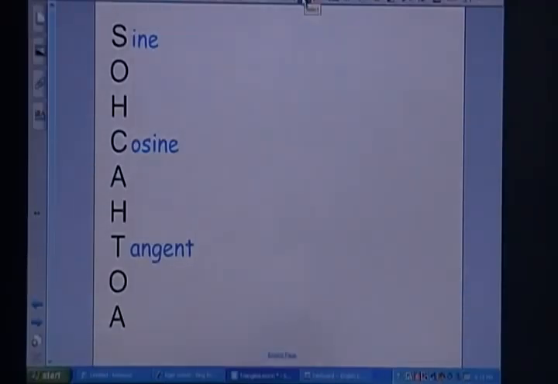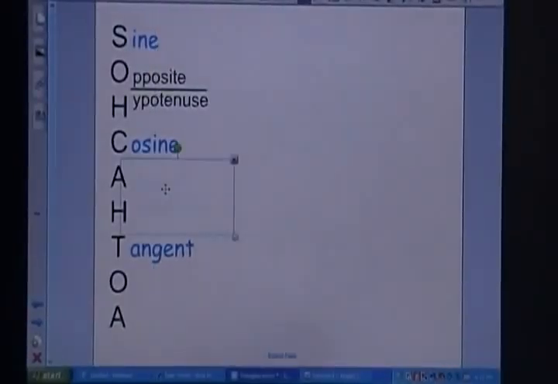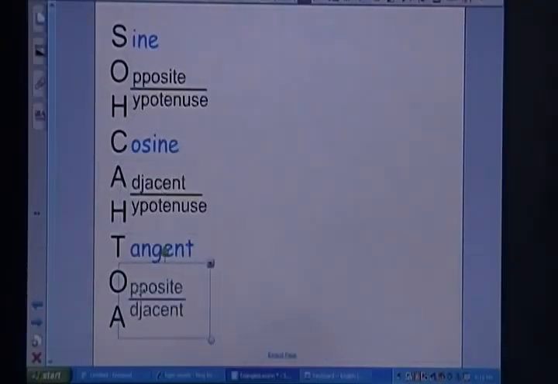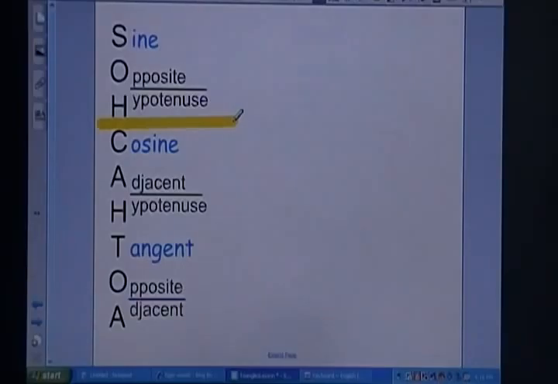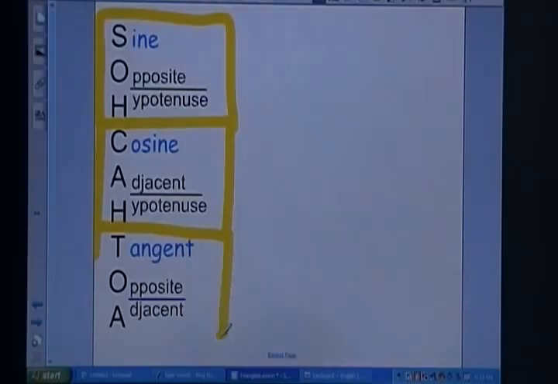The O and the H, as you probably can remember, are opposite over hypotenuse. For the cosine, the A is adjacent, the H is hypotenuse, and for tangent, the O, of course, is opposite, and the A is adjacent. So this word SOHCAHTOA broken down into three parts. All right, we've got the sine part, then we've got the cosine part, and then finally the tangent part.